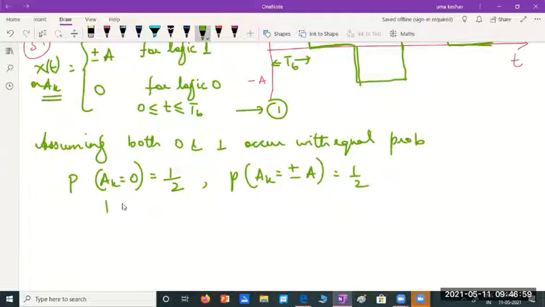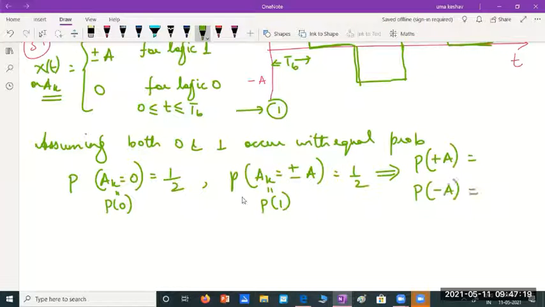This is the probability of occurrence of a 0, and this is the probability of occurrence of a 1. But if I take it in this form, I can split this into two more. What would be the probability of occurrence of plus A, and what would be the probability of occurrence of minus A? Again, assuming these two also are equiprobable.